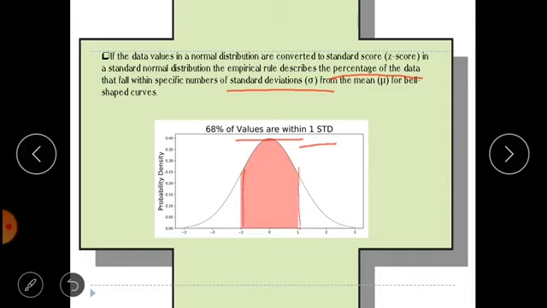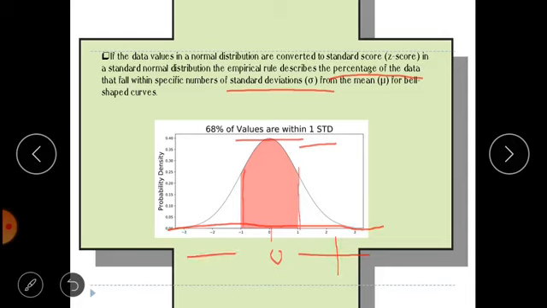So, this means there is a 68% probability of randomly selecting a score between, kaya ito. So, this is your origin, no? 0. And then, papuntang right sa x-axis, papuntang right is positive, papuntang left is negative.